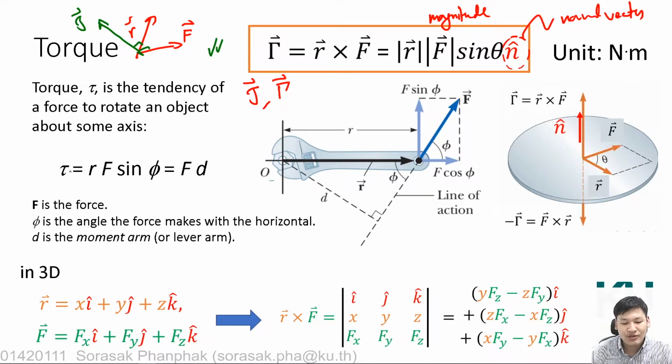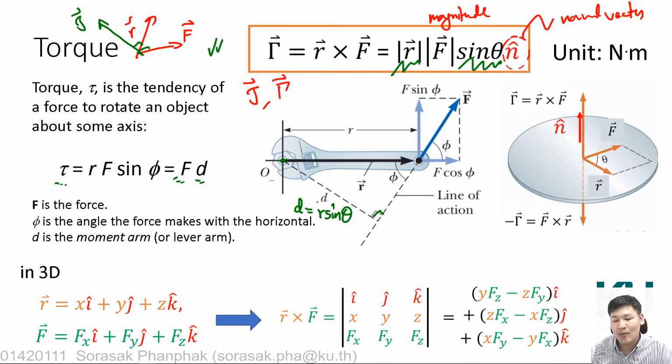Since we come back to our definition, torque is equal to force times the distance that is perpendicular to the force axis. As you can see here, the perpendicular distance comes from r sine theta. So this is d equal to r sine theta.